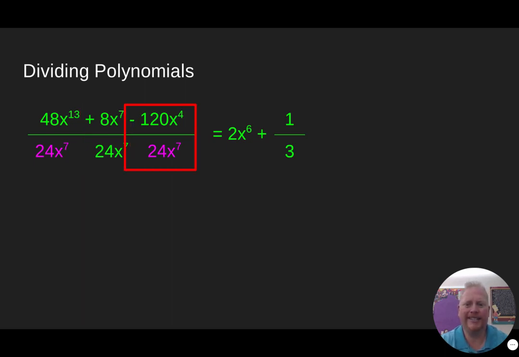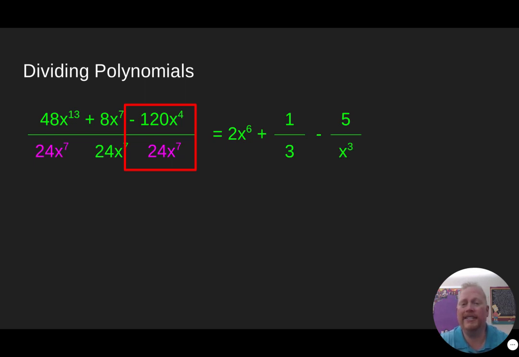Negative 120x to the 4th over 24x to the 7th. Negative 120 divided by 24 turns out to be negative 5. And then x to the 4th over x to the 7th. Where do I have more x's? On the bottom. How many more? 3. So I put x to the 3rd on the bottom.